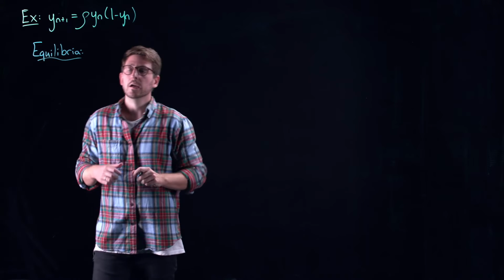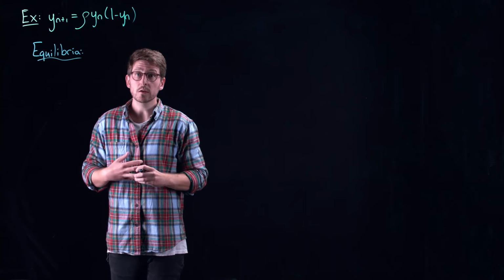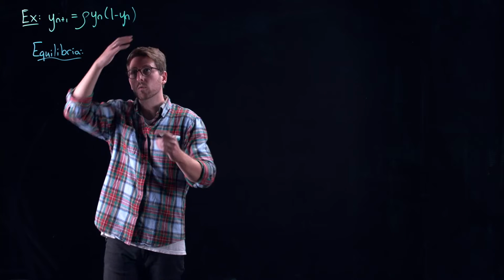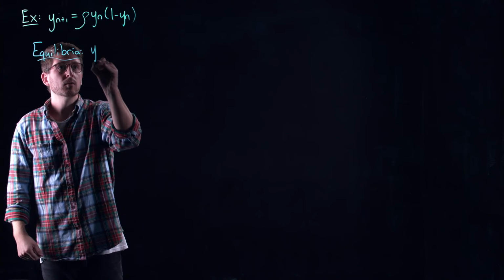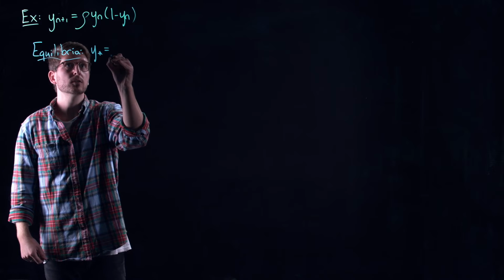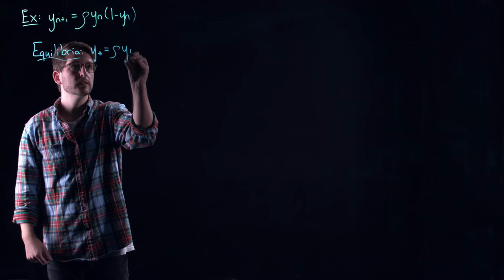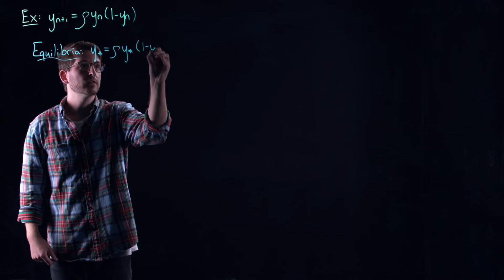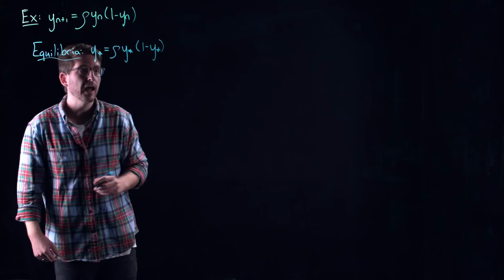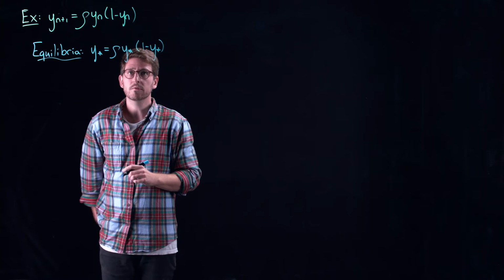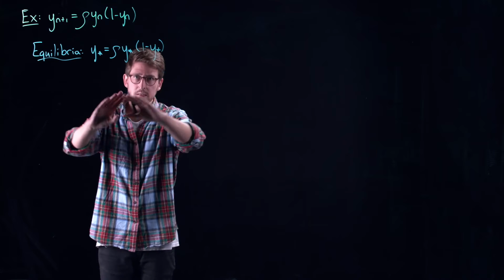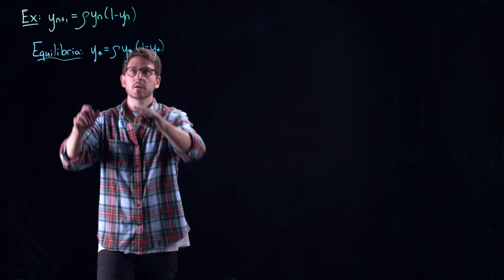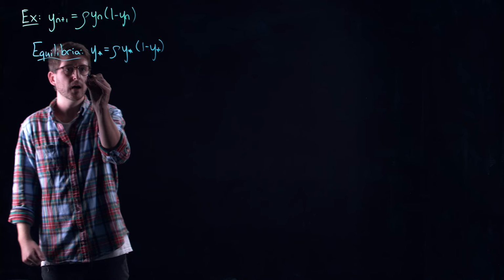Okay, so the first thing I'm going to do is find my equilibria. In this case, I've got 2 equilibria. It might take a little more work because essentially what I've got is y* = ρy*(1 − y*). So I've got a quadratic equation that I need to solve. You can rearrange this, you might want to use the quadratic formula, or you can divide off the common factor of y.